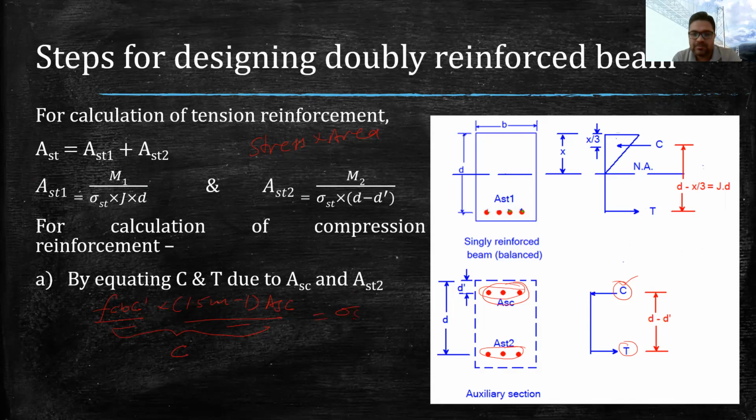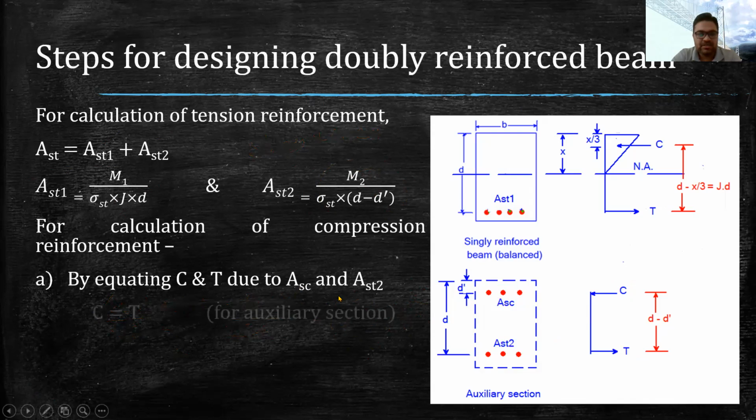So I'm writing here sigma ST into sigma ST by m, because this will be the equivalent stress in the concrete area, multiplied by AST2. So the AST2 formula we can put here. This formula can be put here to calculate the value of ASC with this relation. I have simply provided the relations here.